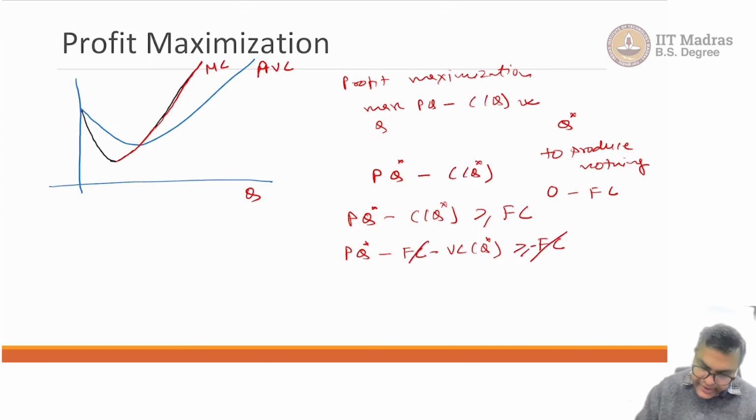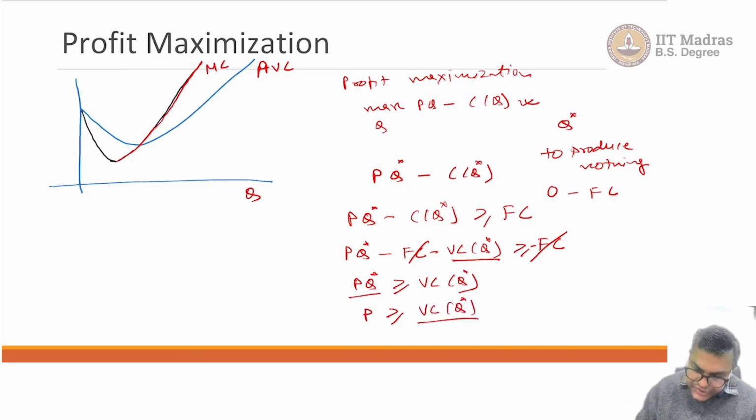So, this will get cancelled. In other words, PQ star, the revenue that you are getting from the market, should be enough to cover your variable cost. So, it should be greater than variable cost, and so it means P should be greater than average variable cost.